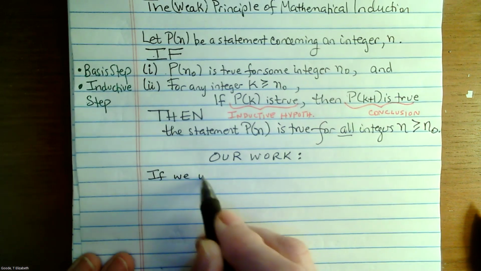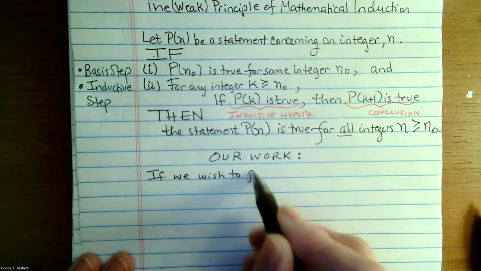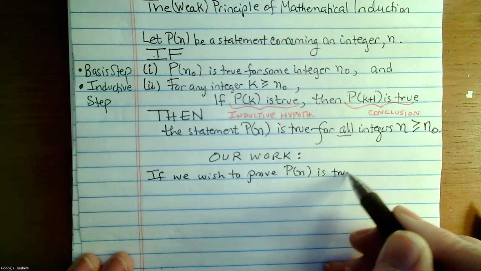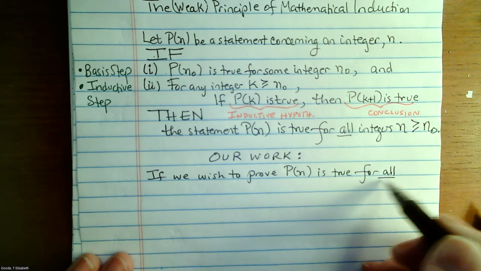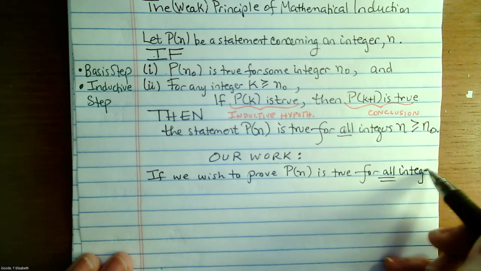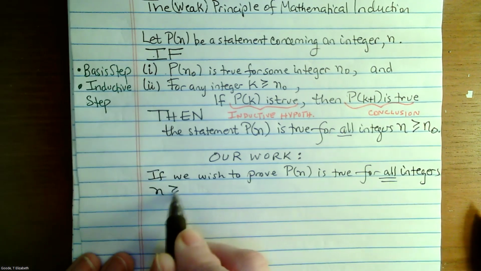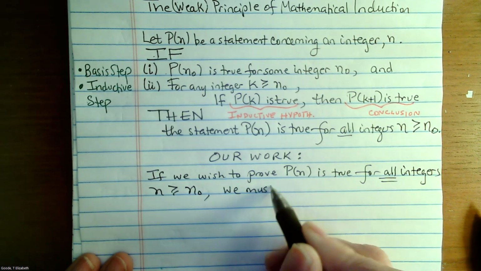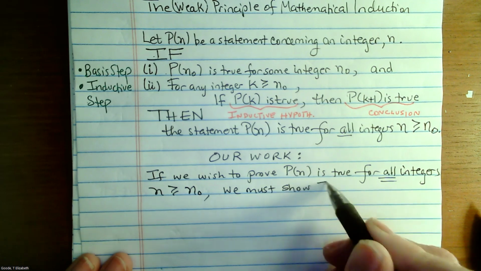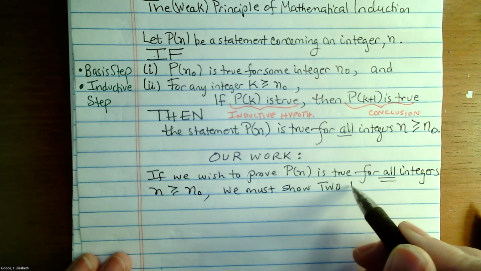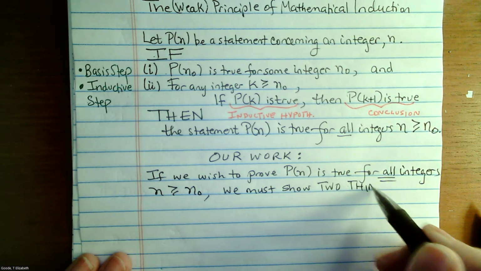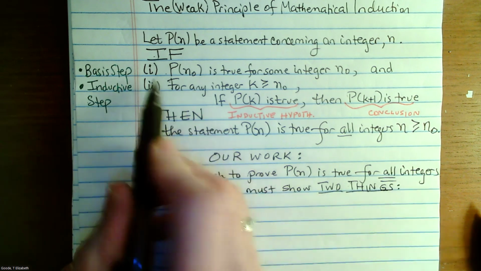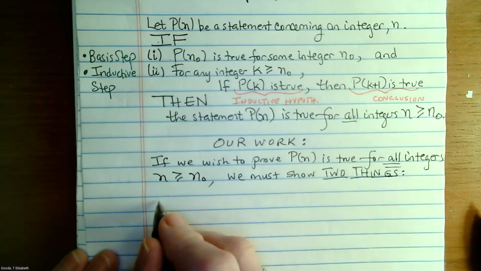If we wish to prove P of n is true for all integers n greater than or equal to, say, some n naught, we must show two things. And those two things are exactly the two parts of the hypothesis.